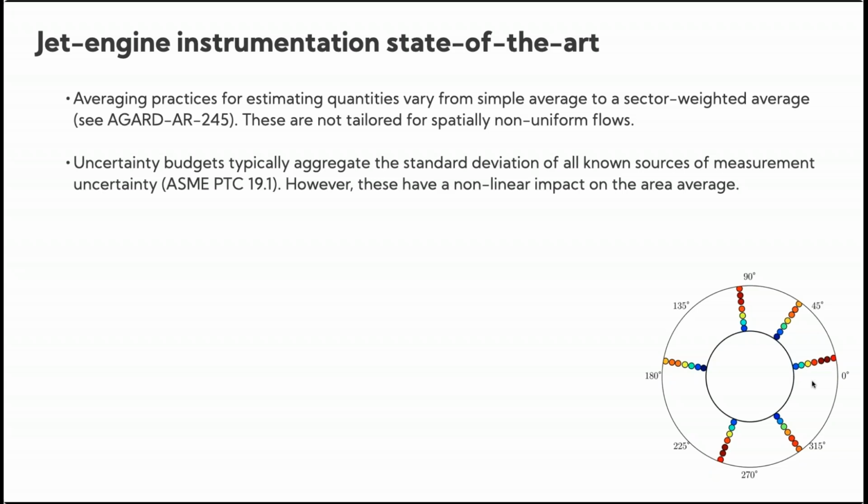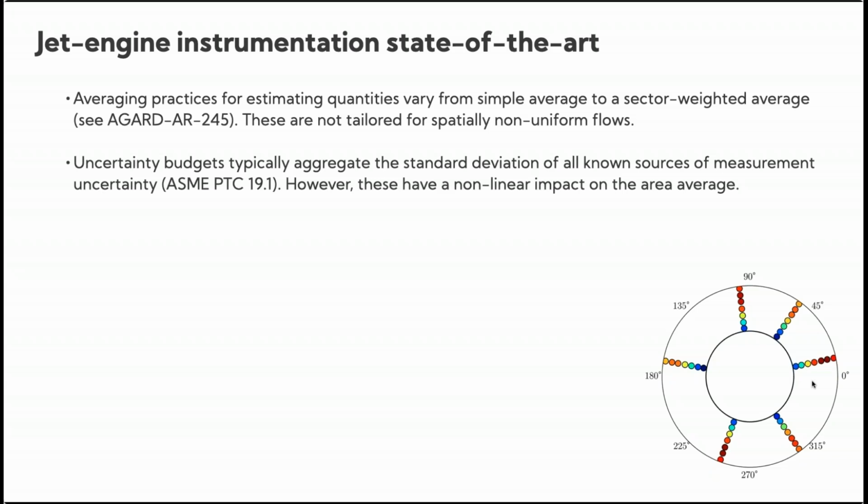Depending on where your instrumentation is placed, there's a risk you might capture either the peak or the trough of such a waveform. And so you can end up with an estimate that's very biased just based on where you place your instrumentation. So that's one risk with current averaging practices.